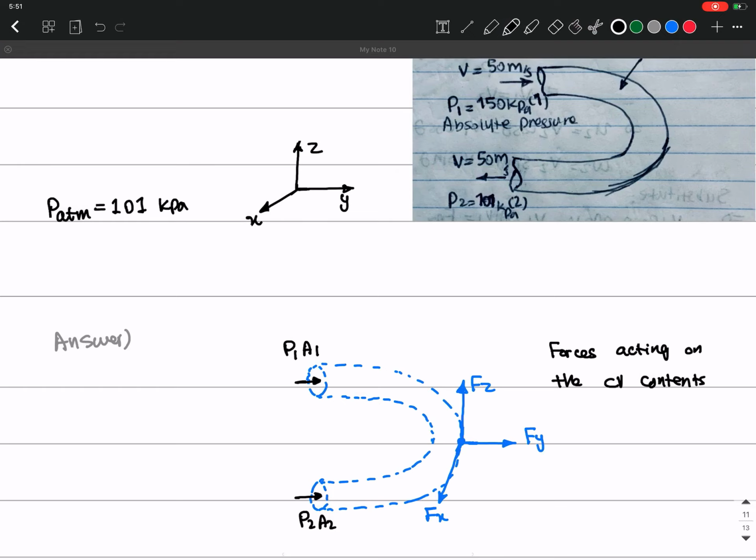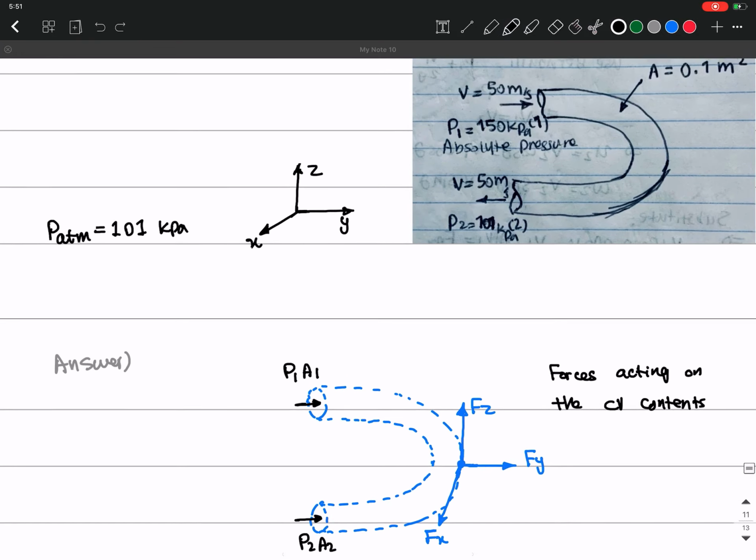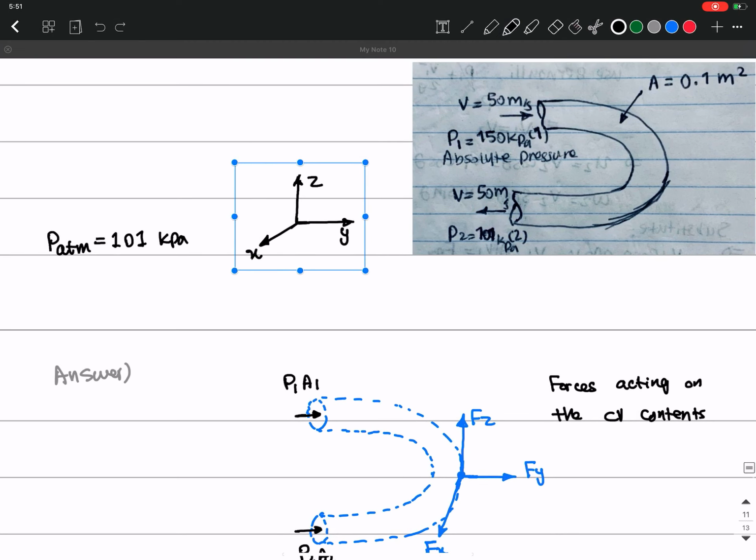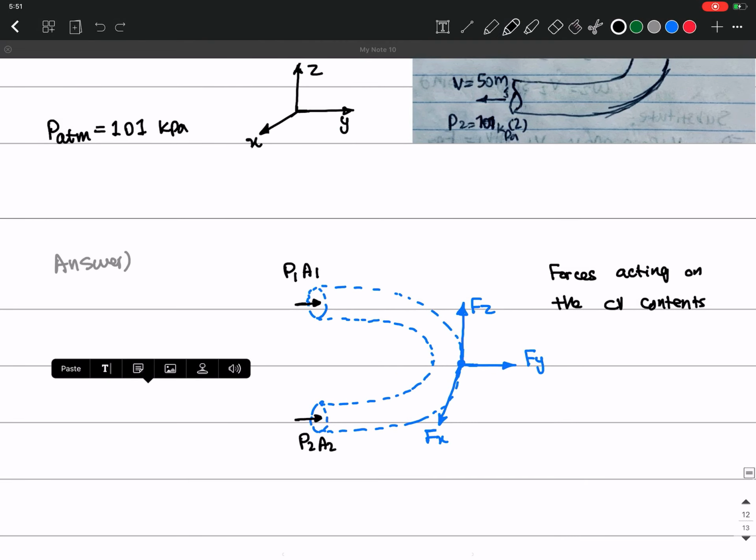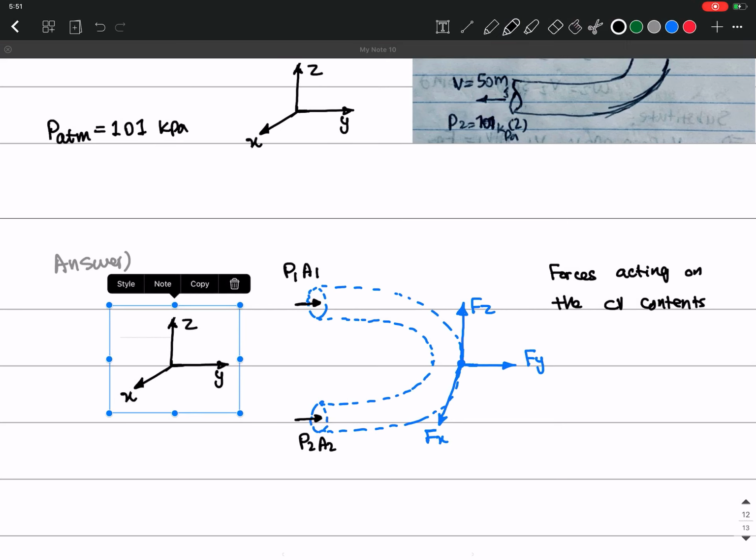And to write it again, this is my coordinate system.